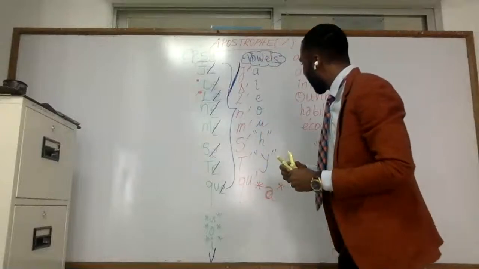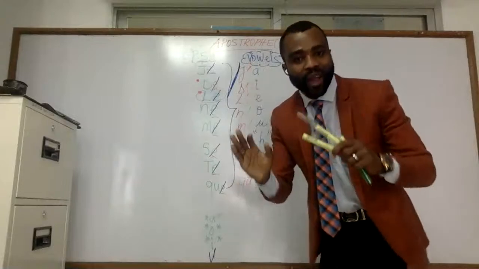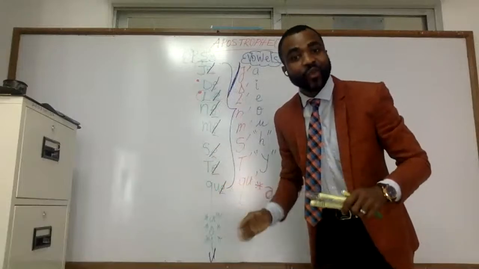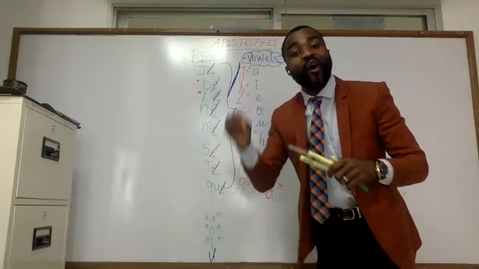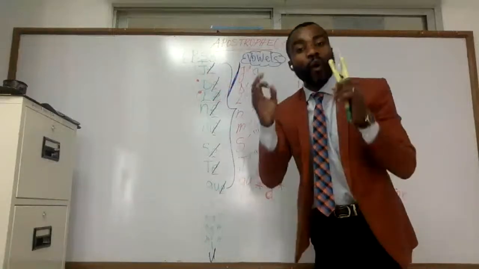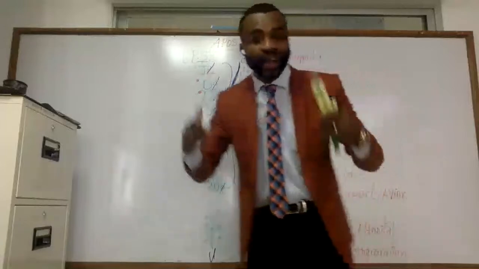Here you can see we have the apostrophes applied because we remove all the E's. So the apostrophe only works on E's. Is that clear? Only on E's do we apply the apostrophe rule in French.